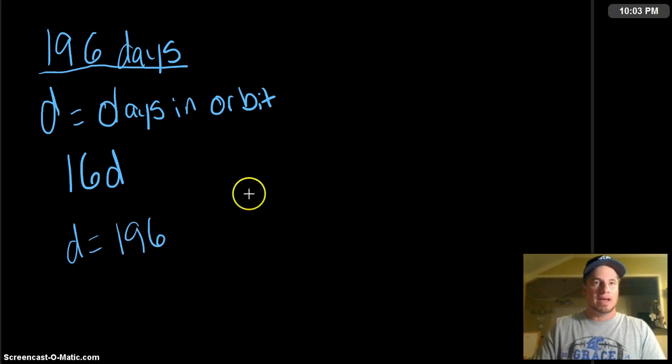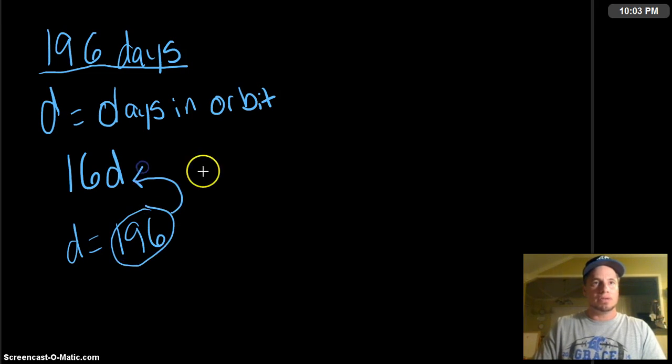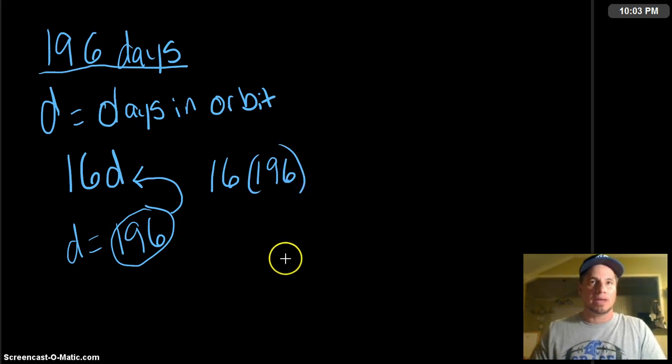Now, if we were going to evaluate this, we would simply substitute in for D, and we get 16 times 196. But I'd have to put parentheses around that because if you've got two numbers here, you need parentheses to denote multiplication. And if you're just putting the two numbers together, it's going to look like 16,196.